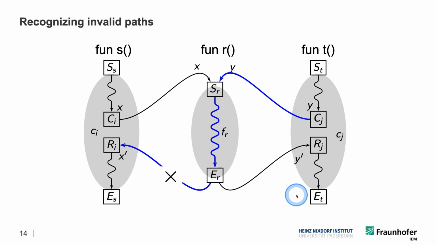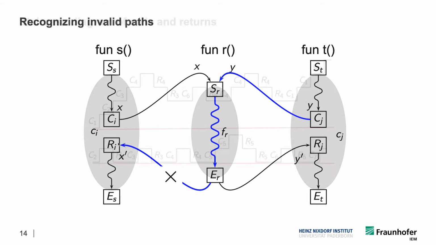And in general, we are interested for one in actually finding such paths that originate from one procedure, right? So that have a call, an incoming call from a procedure such as T, for instance, but then return to another procedure, right? So we have non-matching returns that do not match any corresponding calls.